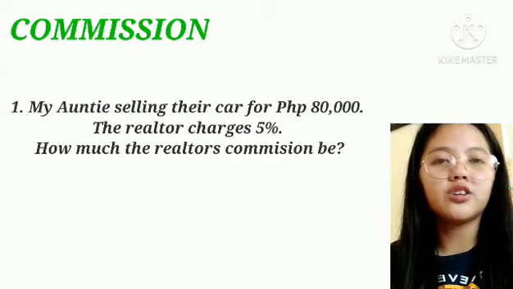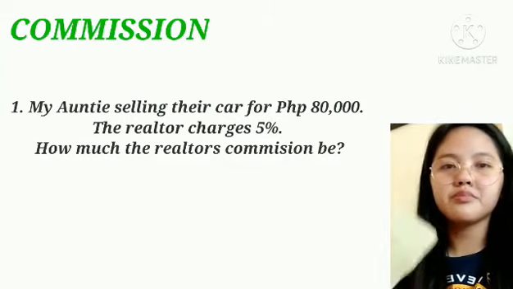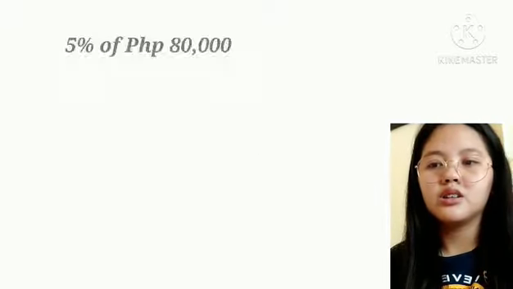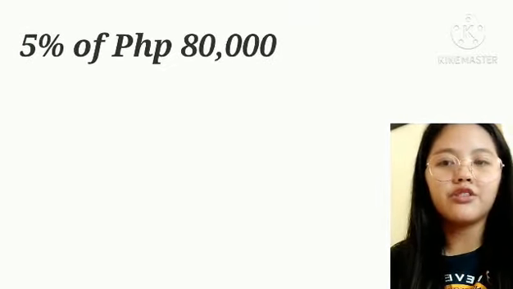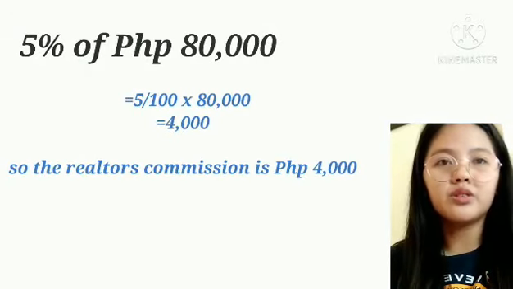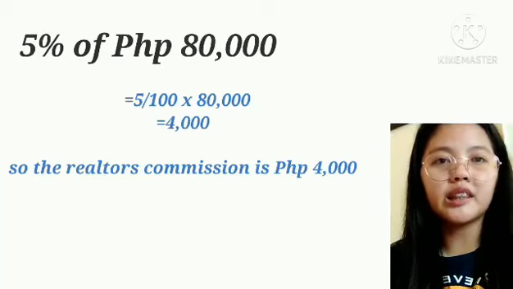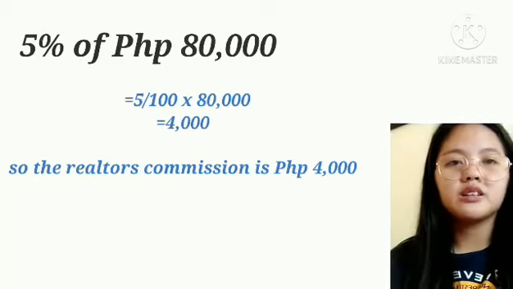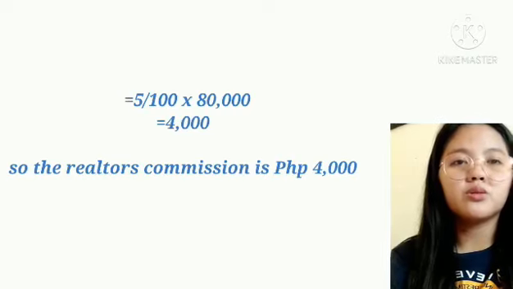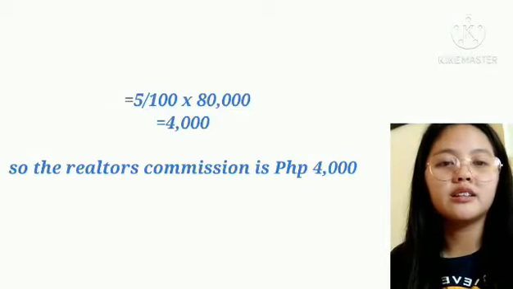How much will the realtor's commission be? 5% of 80,000. 5% is equal to 5 over 100 multiplied by 80,000 pesos, which is equal to 4,000. So the commission of the realtor is 4,000.